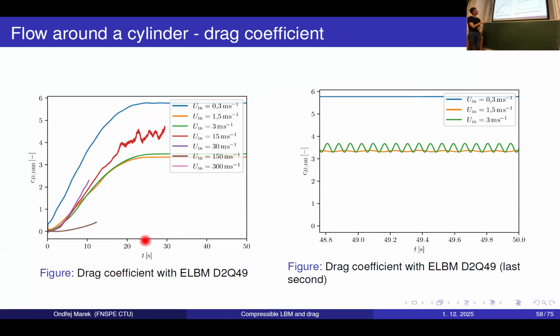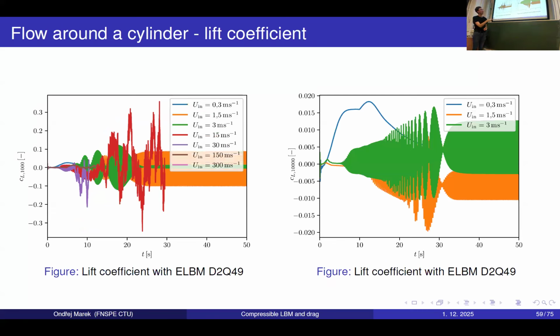So during the first 25 seconds, I was increasing the maximum inflow velocity from 0 or a hundredth of this value to this value. So here also we can see how it increases.